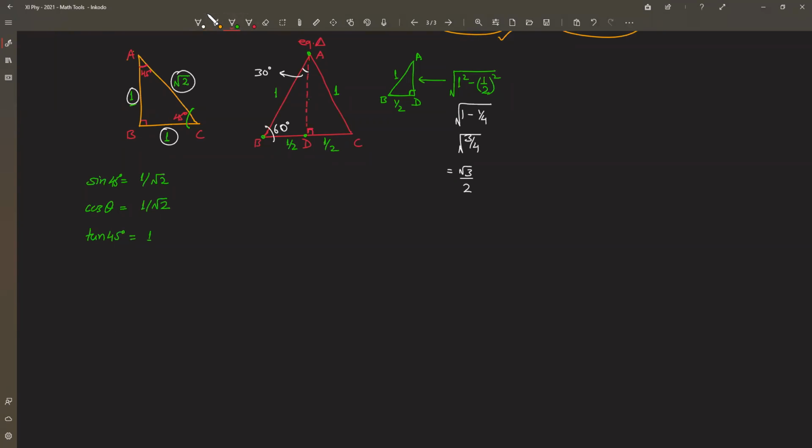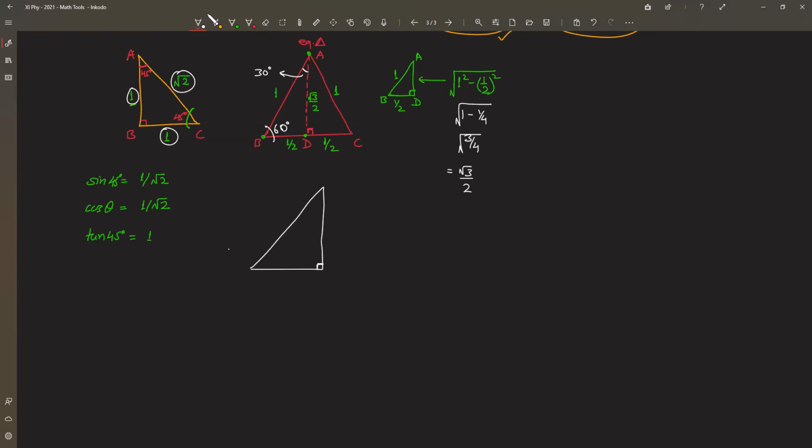So this perpendicular side is root 3 divided by 2. Now if you see, you have a right angled triangle in which one angle is 60 degree, the other angle is 30 degree.